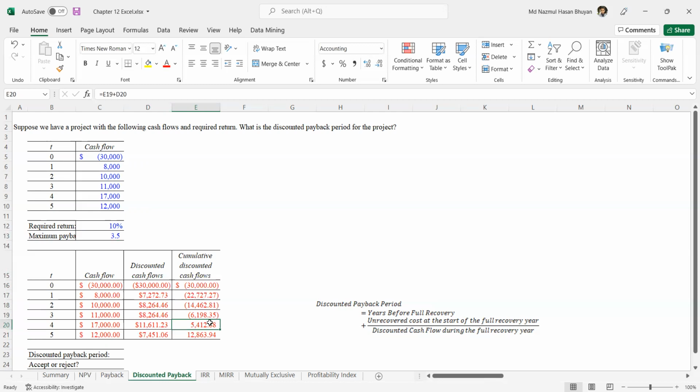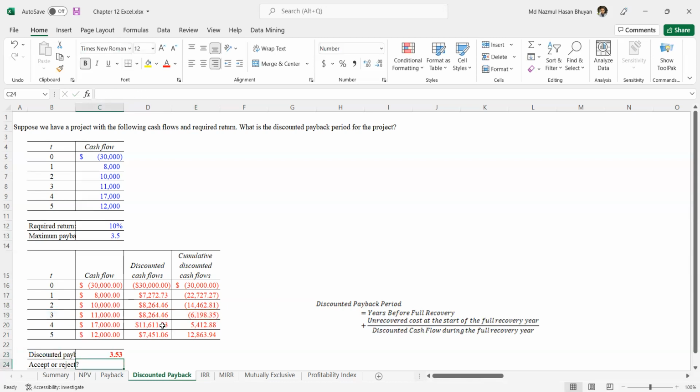It means based on your discounted cash flows, you are recovering your initial cost in year number 4. So now let us calculate our discounted payback period. It is equal to years before full recovery, which is 3, plus the absolute value of our unrecovered balance at the beginning of the full recovery year over our discounted cash flows in the full recovery year.